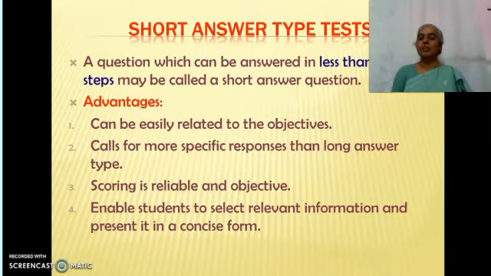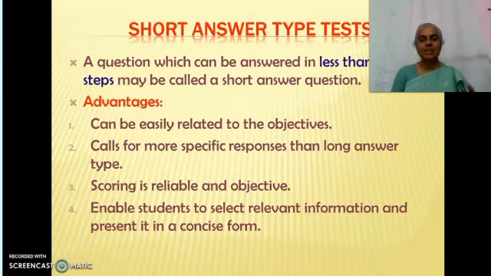It calls for a more specific response because the student cannot bluff, cannot freely write the test. It has to be well focused. Here the scoring is very reliable and objective because the answer should be very short and well focused. These enable the student to select relevant information and present it in a concise form.